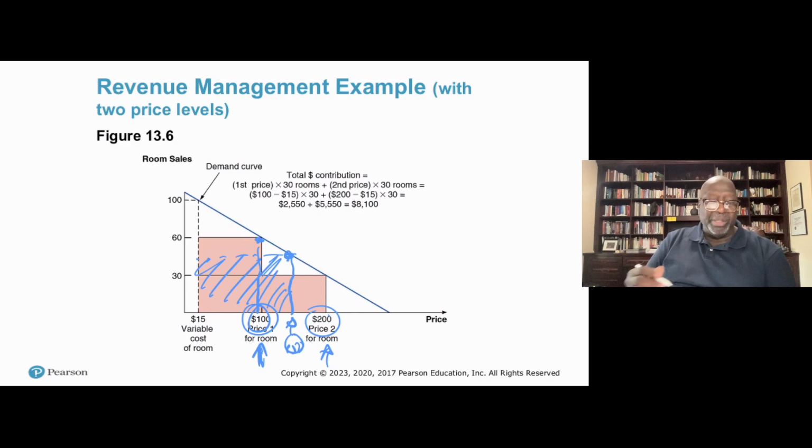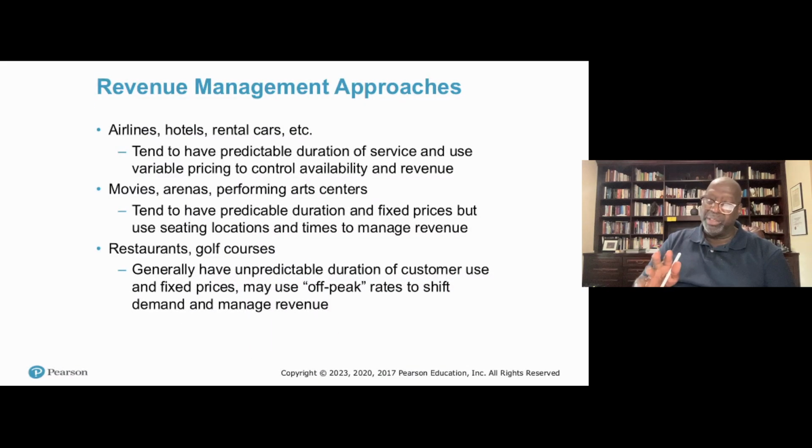So that's something to keep in mind: what yield management does is study customers and then set prices and fences, which means you have some trade-offs that you have to be willing to make. Airlines, hotels, car rental companies, etc. tend to have predictable duration of service and use variable pricing to control availability and revenue.